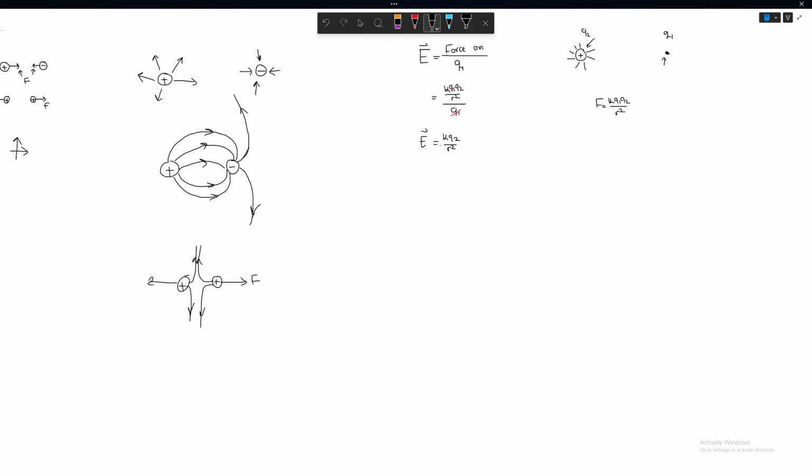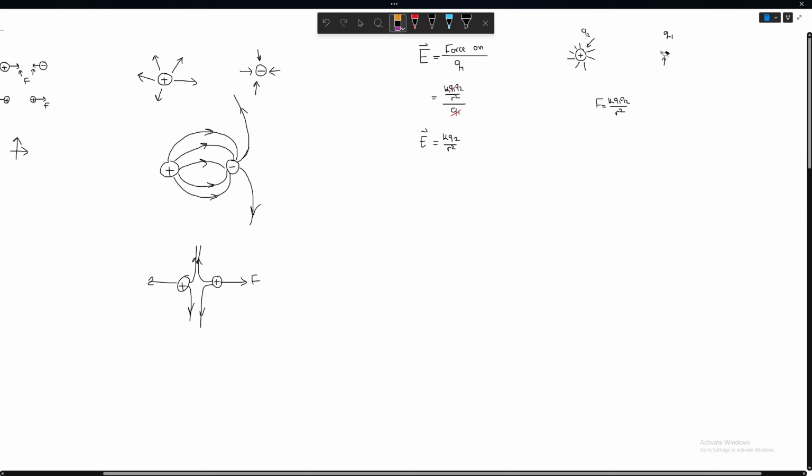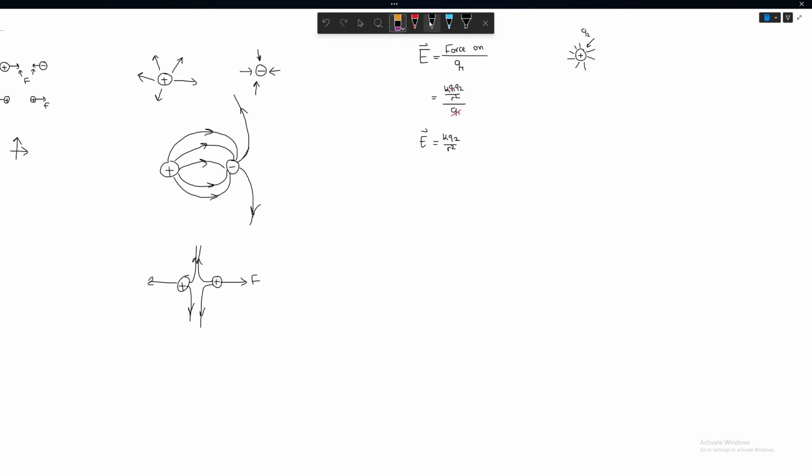And what this is basically telling me is that, hey, you don't even need to put this imaginary charge here. You can just use this equation. Like if I put a point here, all I need is the distance r and the charge of the source, right? And so that's my q2. And this will give me my electric field.